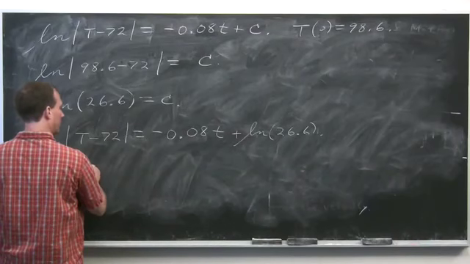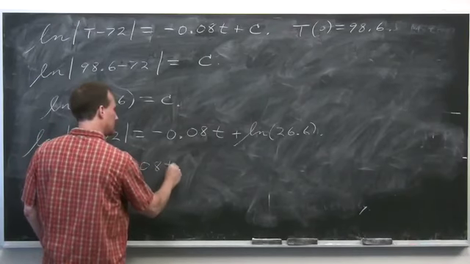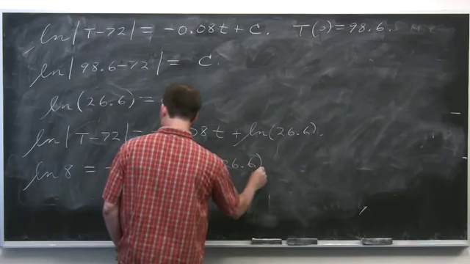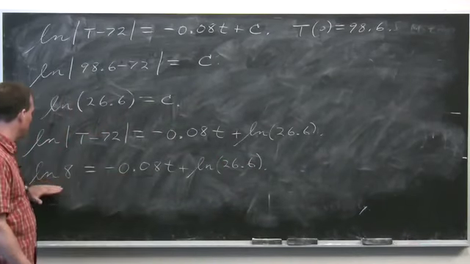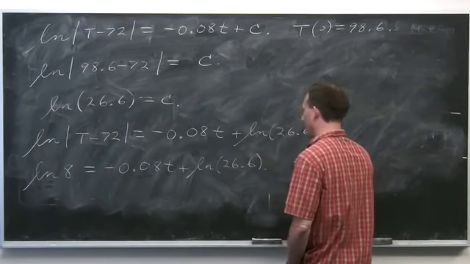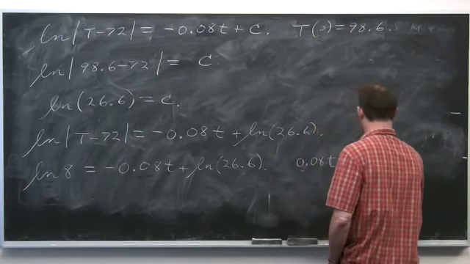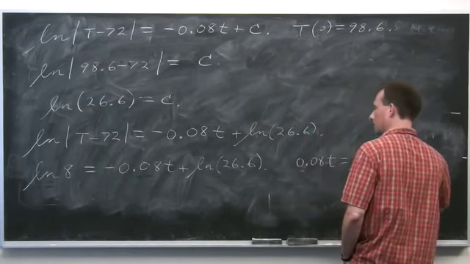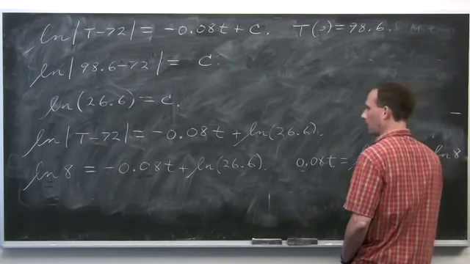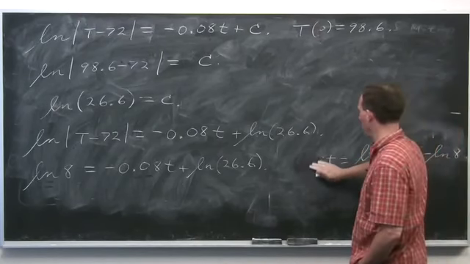We want the natural log of 8 equals negative 0.08 t plus the natural log of 26.6. We're trying to solve for t. Put this negative term over here, subtract from both sides. You get that 0.08 t is the natural log of 26.6 minus the natural log of 8. And then divide both sides by the 0.08.